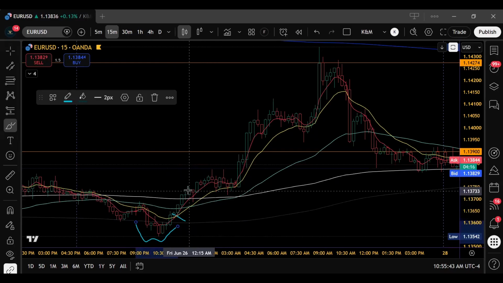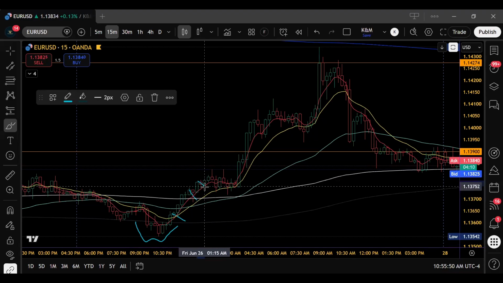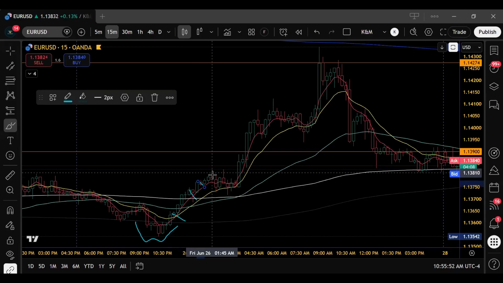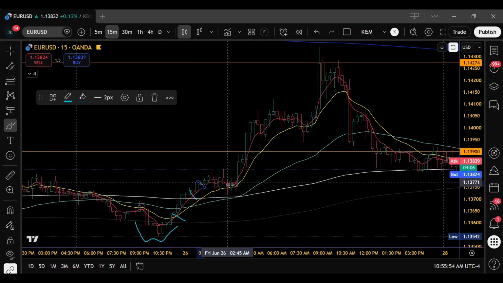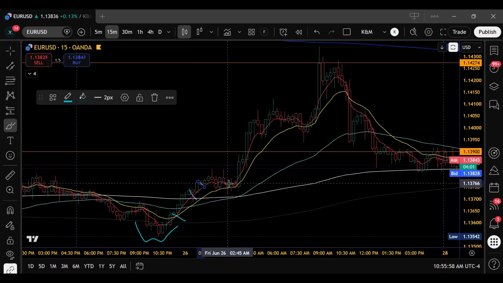This could have been our level 1, and that pullback right there was level 2. It pushed out of there, and then it pulled back again. And then as you can see, it got choppy. This was almost like a little bitty M for a level 3, and it reversed. But this actually ended up playing out the whole entire day.